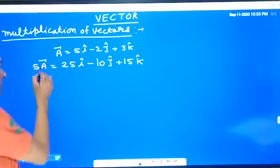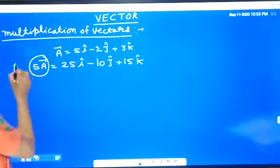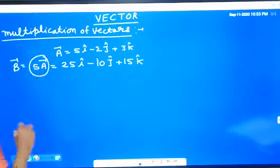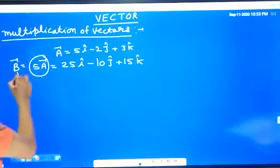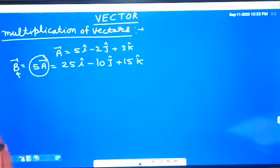Then this becomes another vector, b vector. Direction of a vector and b vector are the same, but the magnitude of b vector is 5 times the magnitude of a vector. This is normal multiplication.